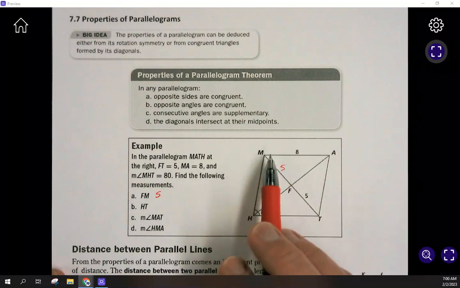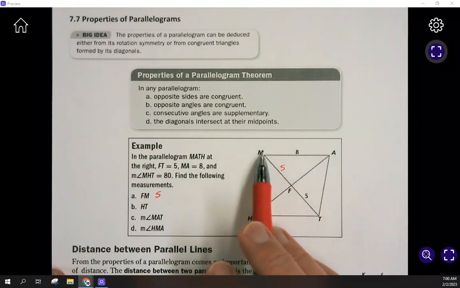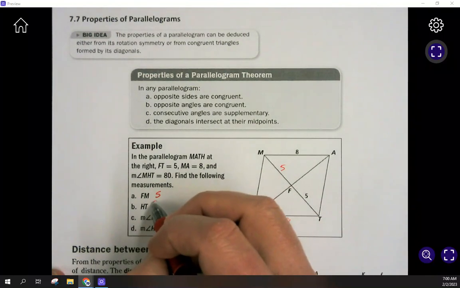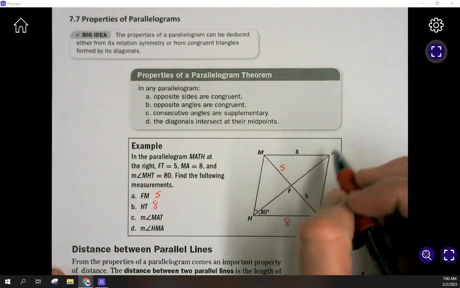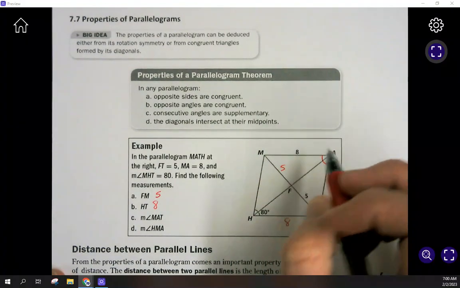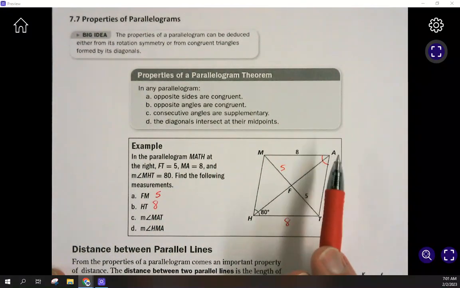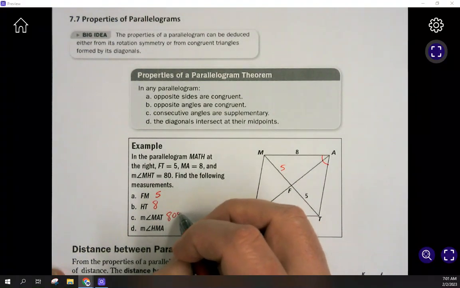HT, the opposite side of a parallelogram, is always congruent. So if this is 8, this is also 8. Angle MAT, that's this whole angle. Opposite angles are always congruent. So if this one's 80, this would be the opposite one. It's also going to be 80 degrees.